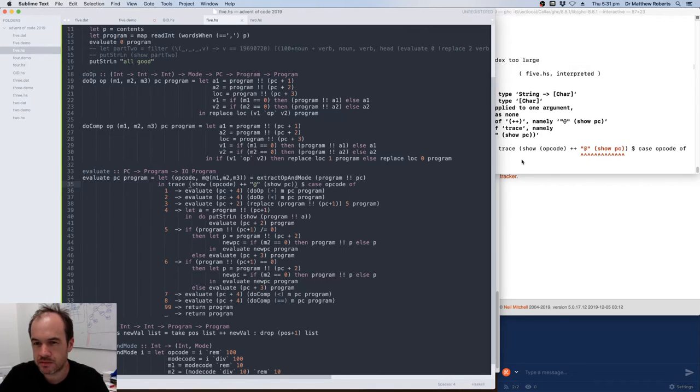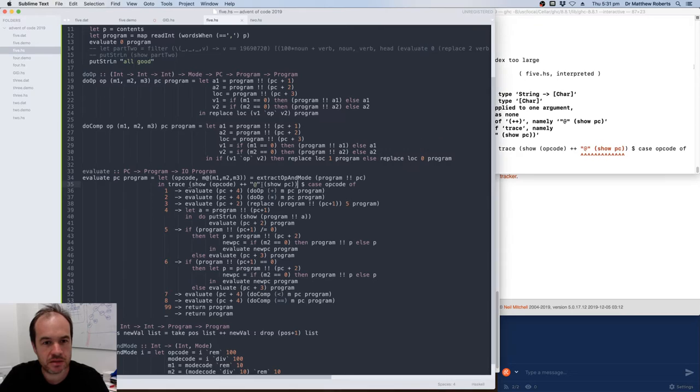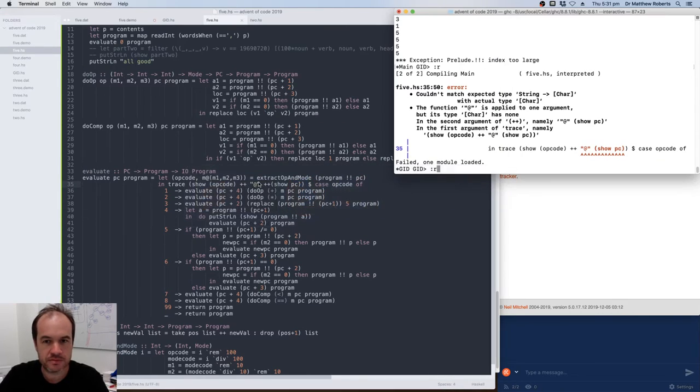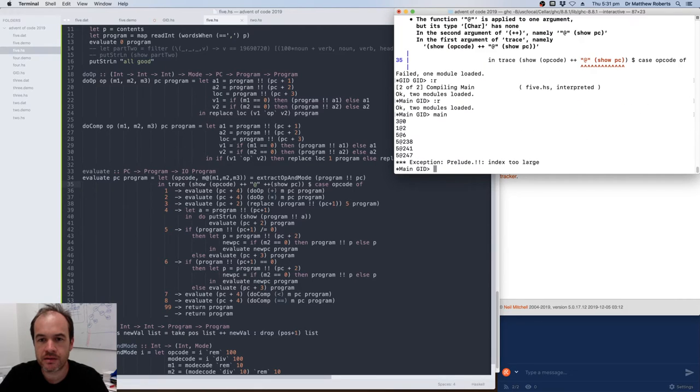What's wrong with that? Couldn't match string to char with actual char. Oh, need another plus plus. Okay, so 3 at position 0, 1 at position 2, then it's finding a 5 at position 6.